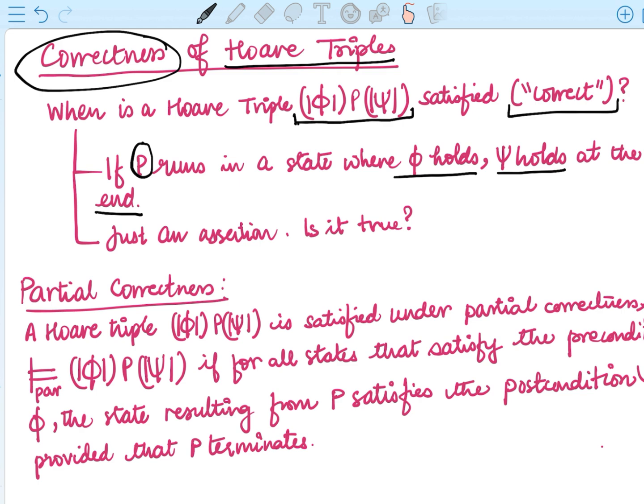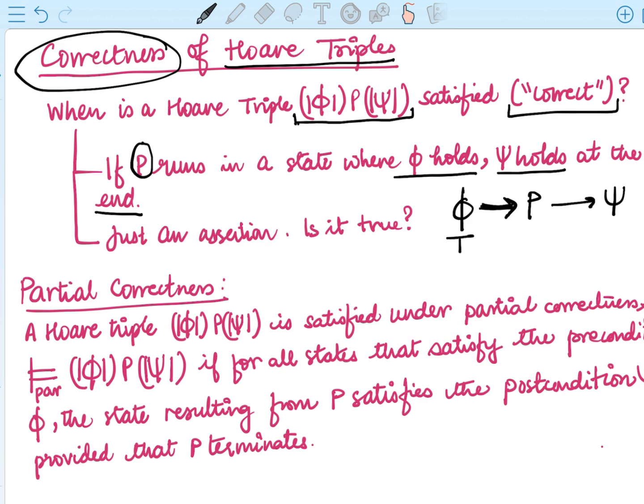But what does it say? Let's say there is a program and I take an assumption of phi. If phi holds in the program, if I am taking the right assumption, I will eventually lead to psi. If you remember implication that we discussed in the last lecture, there is only one condition when it becomes false.